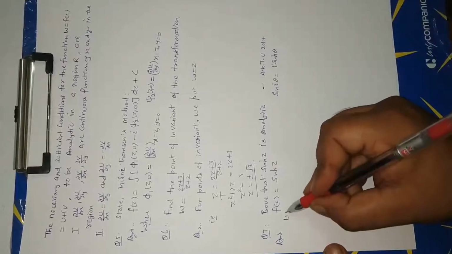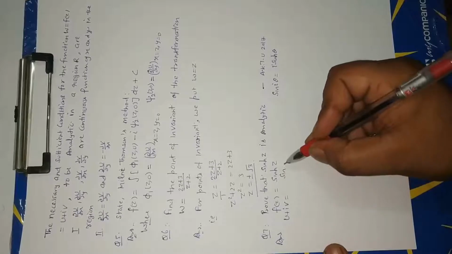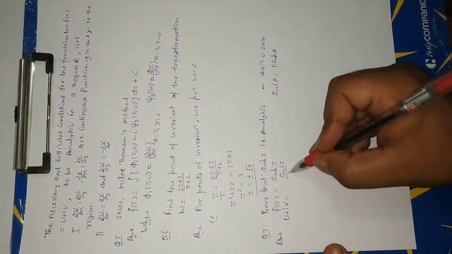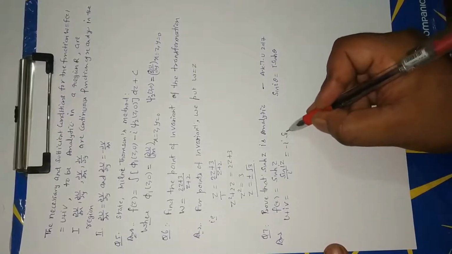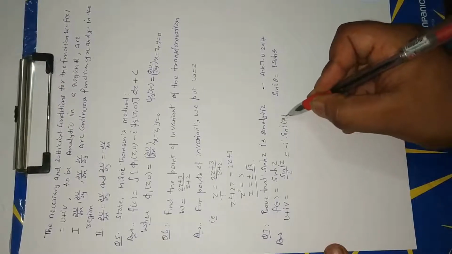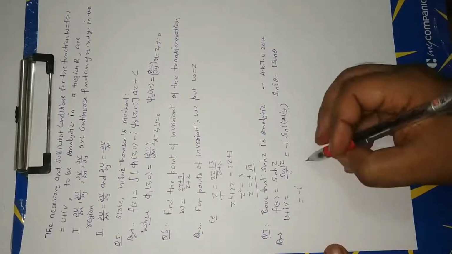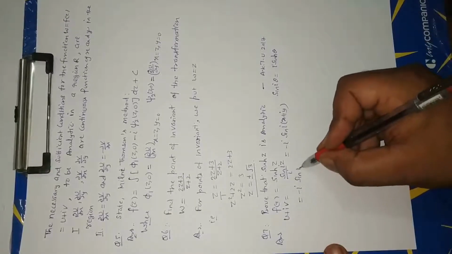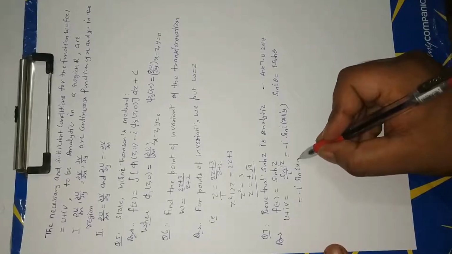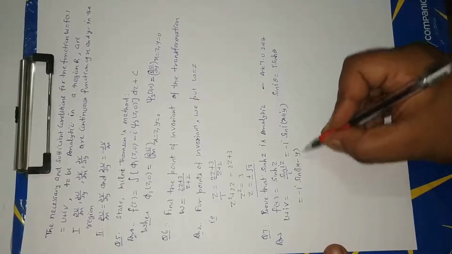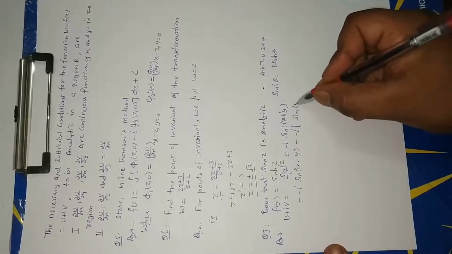Now f(z) = u + iv, this is equal to sin(iz)/i, that is -i sin(iz), with z = x + iy, so -i sin(ix - y).